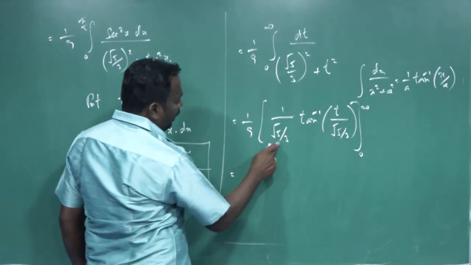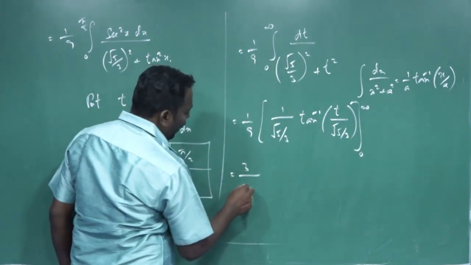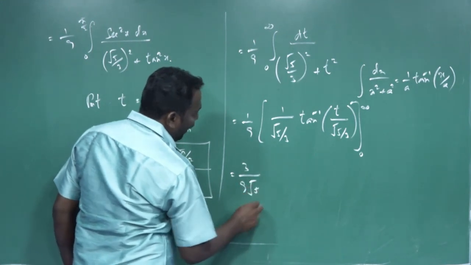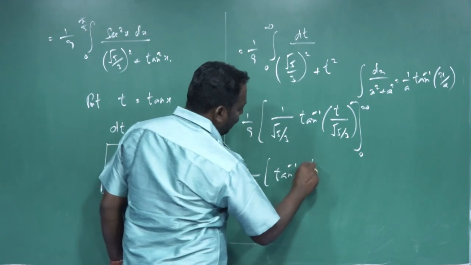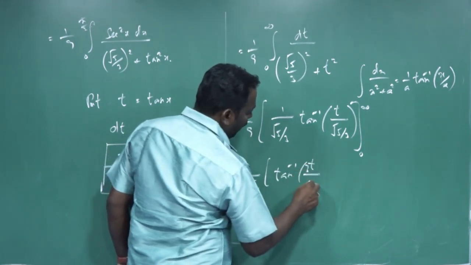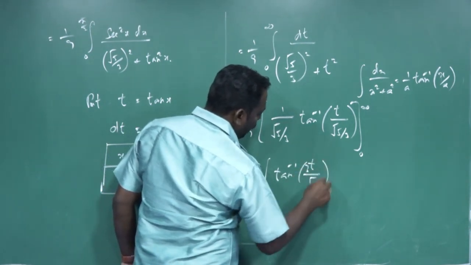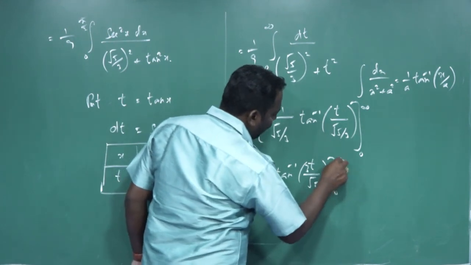And that is equal to, taking the reciprocal, 3 by 9 into root 5, and within the bracket tan inverse of 3t by root 5. The limits are 0 and infinity.